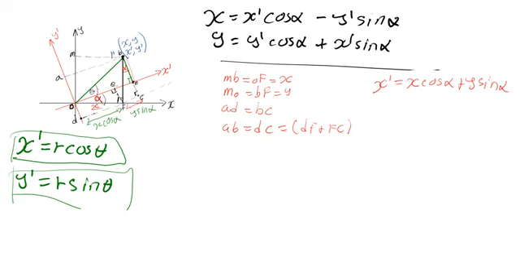We should know that our y prime is equal to our BN, which is also equal to BC minus our NC. So all we have to know is that our y prime is equal to BC minus NC. The question then is, what is our BC and what is our NC?